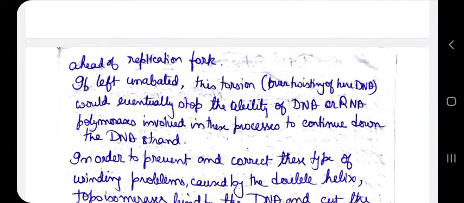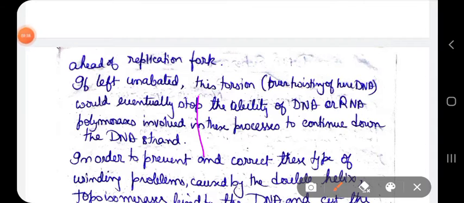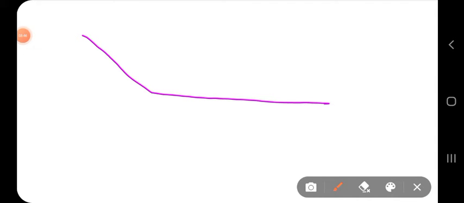So if this is your replication fork, I have to show you by a helical diagram.